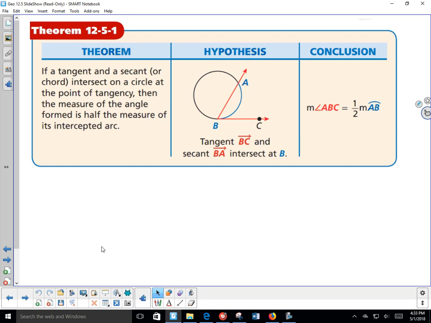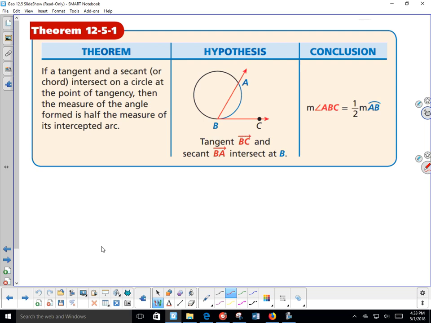So the hypothesis for this theorem says that if you have tangent BC and secant ray BA, they intersect at point B. If that's the case, then the measure of angle ABC is going to be half of the measure of the intercepted arc, which would be AB.